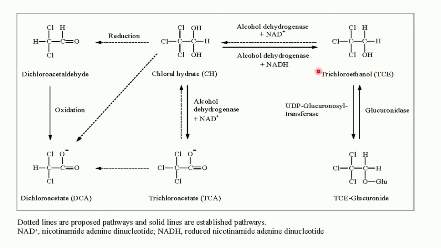This is what was asked in the question: the active metabolite of chloral hydrate is trichloroethanol. Then with UDP glucuronosyltransferase, the phase 2 reaction in metabolism, it is converted into trichloroethanol glucuronide, which is easily excreted from the body. This is the complete picture of chloral hydrate metabolism.